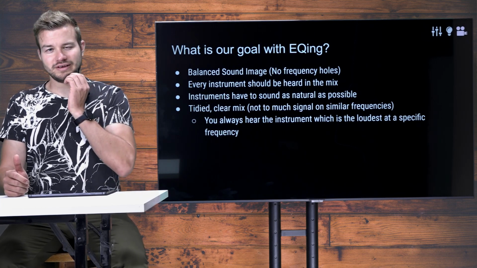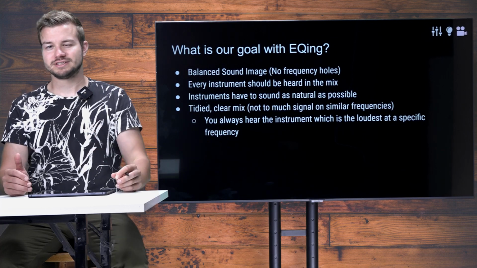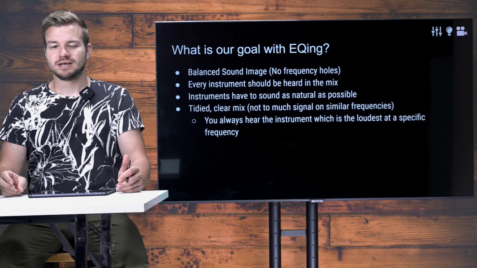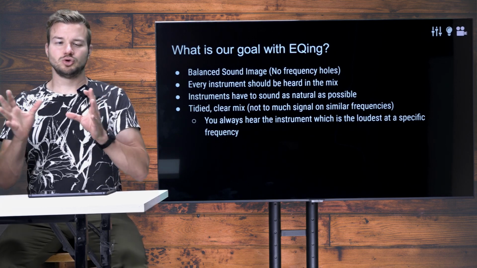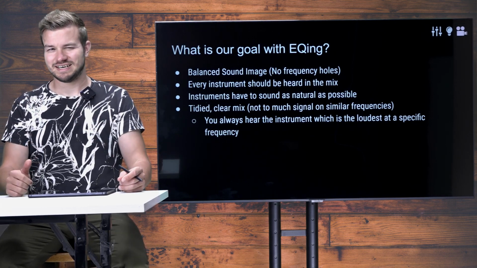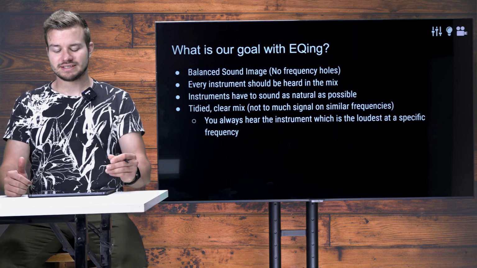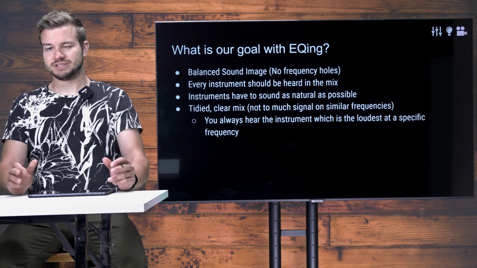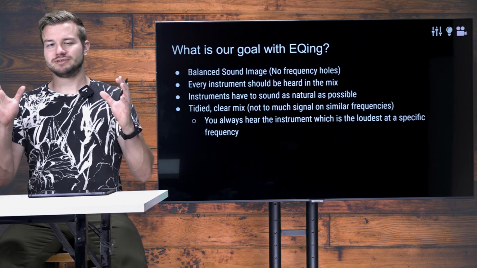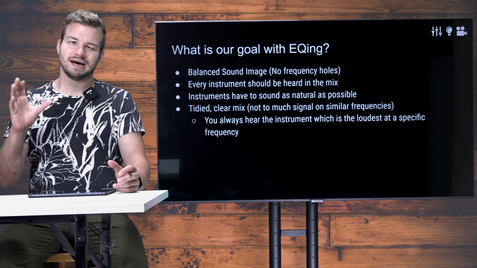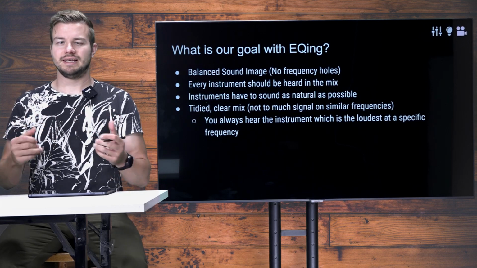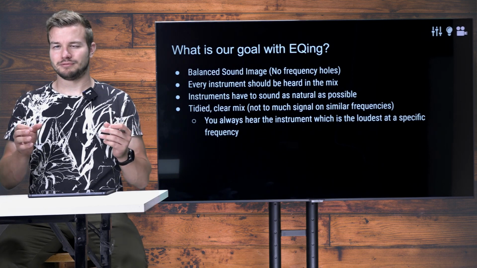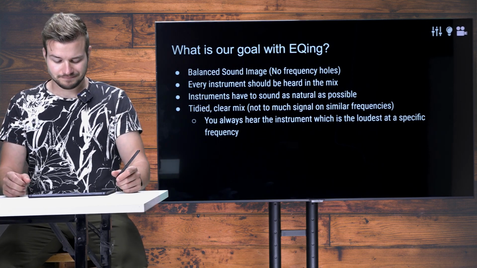Also, if a range is important for a different instrument, rather turn that range down for the current instrument so that the other one can be heard well, so that not too many instruments act in the same frequency spectrum. That's called a clean, tidied up mix. We don't want it to sound messy, we don't want it to just be loud, but we want it to sound nice and clean, so that everything can be heard properly in the mix.